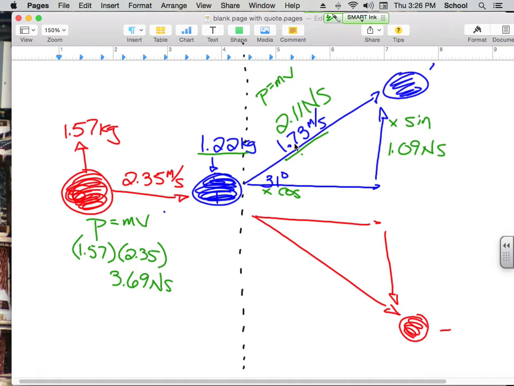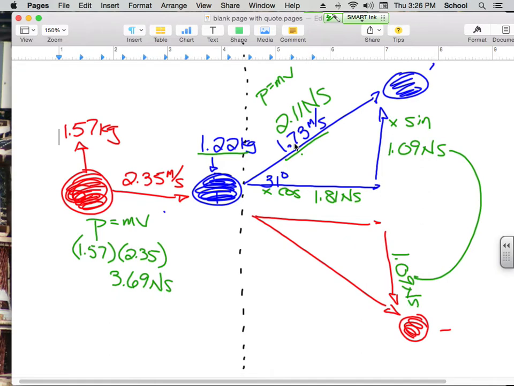And if I do cosine, I find that this is 1.81. Now, we said that the total left has to equal the total right, so I'm just going to bring this puppy over here, and it's also going to have to be 1.09 Newton seconds.